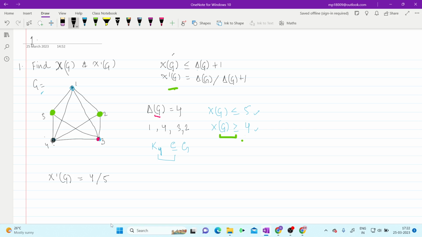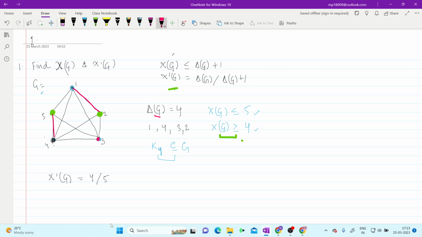Okay, let's see what we can do. Let's try to color the edges. Let's first pick the color red. Suppose I am coloring my 1 2 edge with red. Now I cannot color any other edge which is attached to 2 or 1. So I pick some other edge with color red, which is not attached to either 1 or 2.